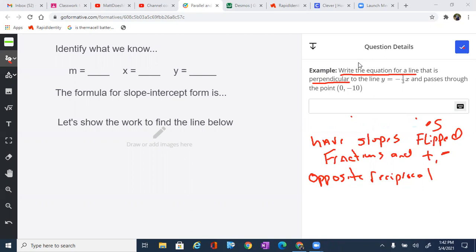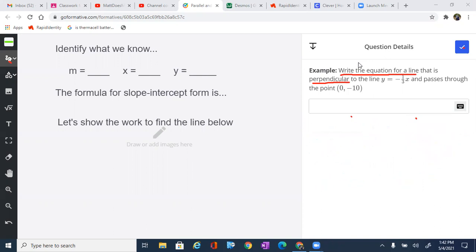Okay, so it gives us the line, and the line that it gives us is simply y equals negative 1/3 x. And the nice thing, because the slope-intercept form is y equals mx plus b, is that we don't have to manipulate this equation at all.